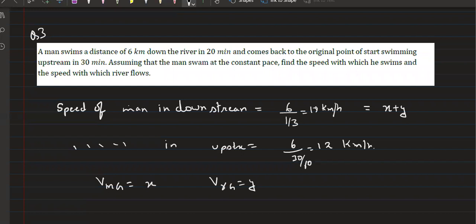And this will be x minus y. Got it, everyone? So you got linear equations in two variables. Just add them. 2x is equal to 30, x is equal to 15 kilometer per hour, right? In the same way, y will be, just put the value, 3 kilometer per hour. Everything is in kilometer per hour.